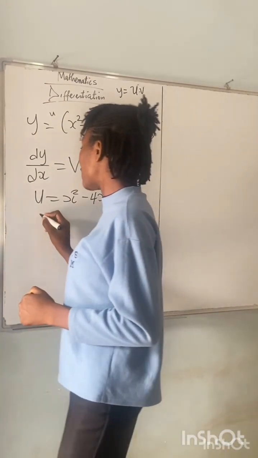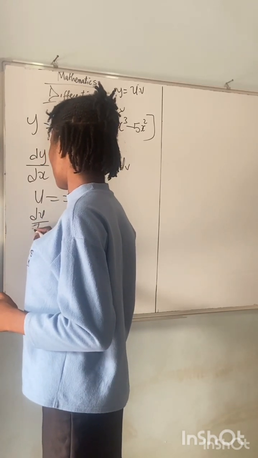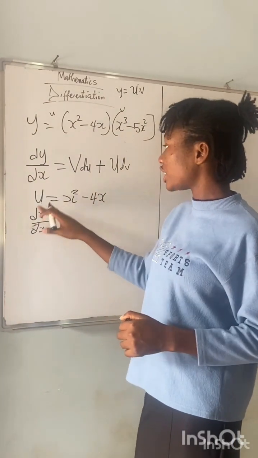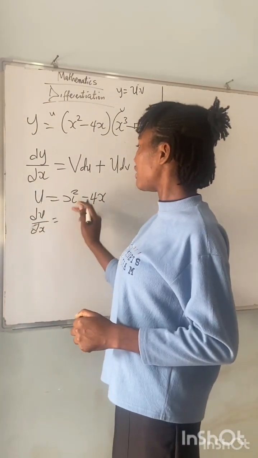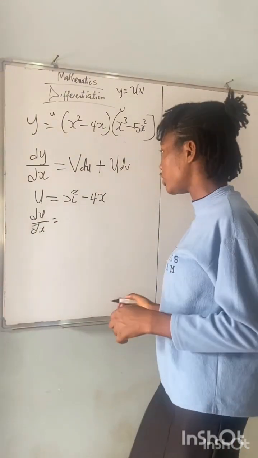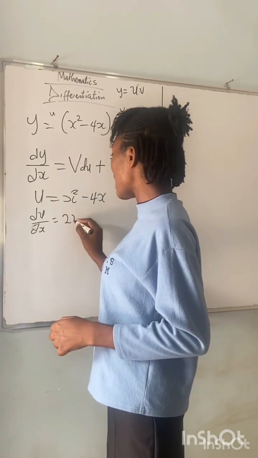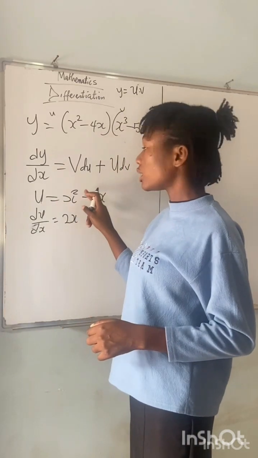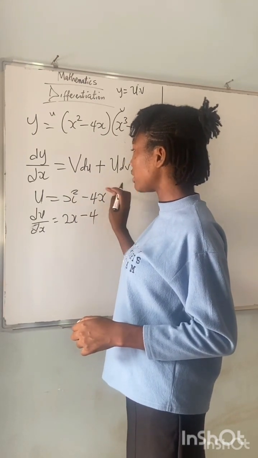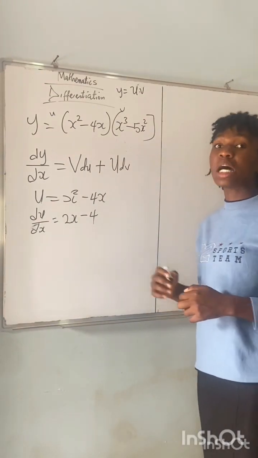To differentiate our u, du/dx, with respect to x, we have seen how to differentiate in our previous videos. We'll be having 2 multiplied by the coefficient, so 2x minus 1, we're left with 1, then minus 4, because 1 multiplied by 4. This is it. We have differentiated our u.